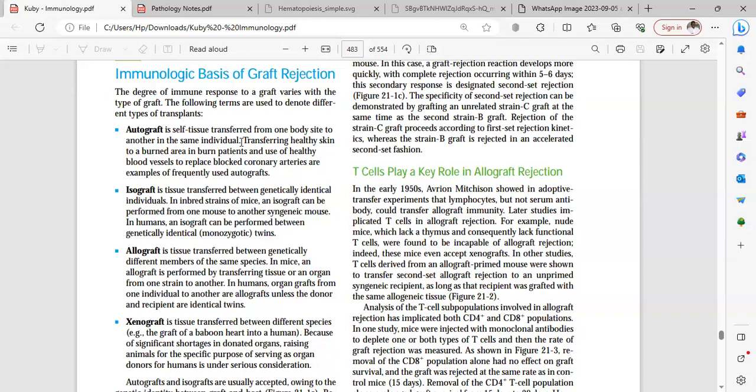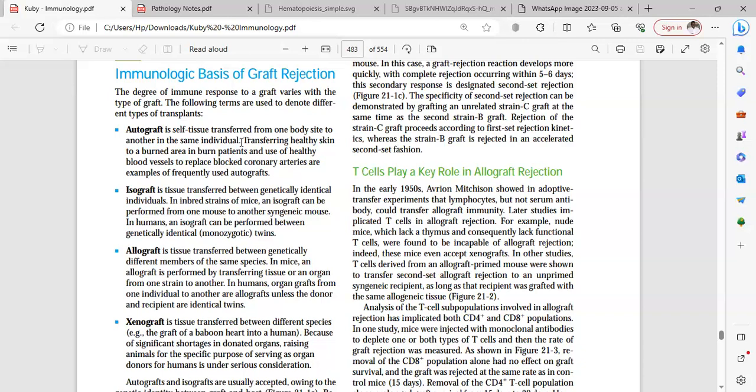Most of the time they remove muscle or skin from the thighs to where the part of the body has been affected. So autograft is a self tissue transfer from one body site to another in the same individual.